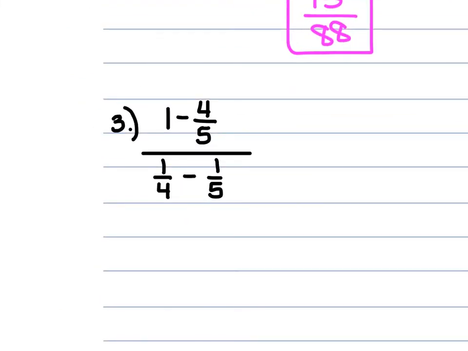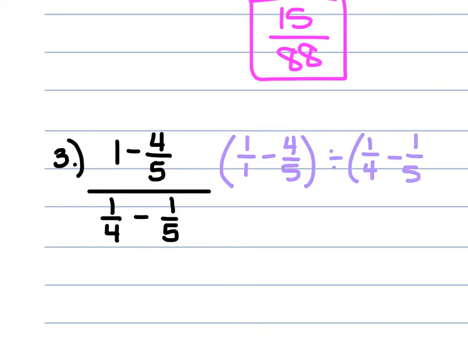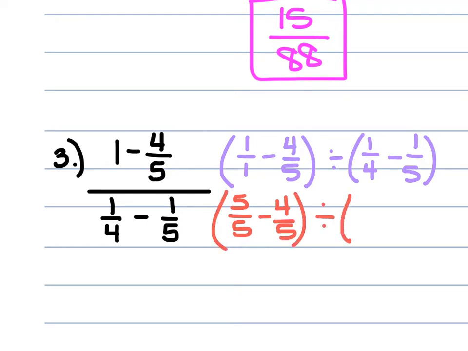For 3, we have 1 minus 4/5 over 1/4 minus 1/5. So again, this is like saying 1 over 1 minus 4 over 5 divided by 1/4 minus 1/5. So we're going to turn the 1 over 1 to 5 over 5 minus 4 over 5 divided by the 1/4 minus 1/5. Your least common multiple between 4 and 5 is 20. So 4 times 5 is 20.